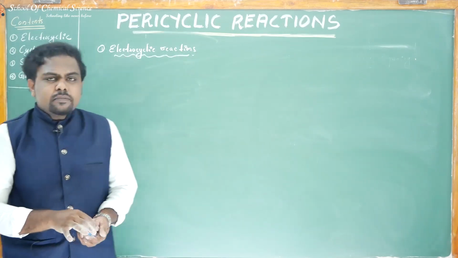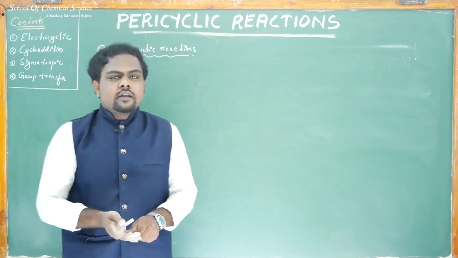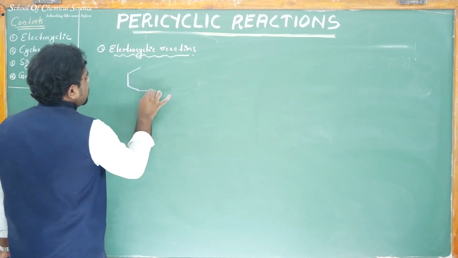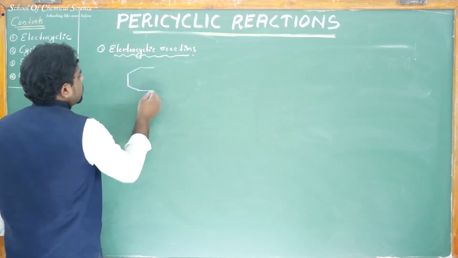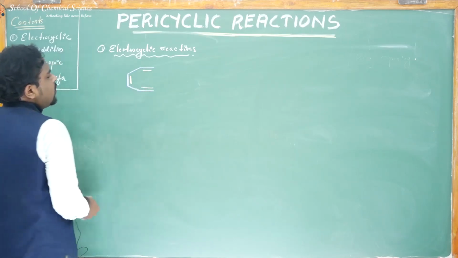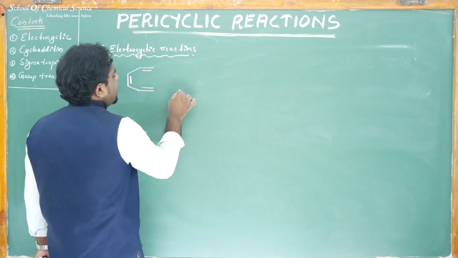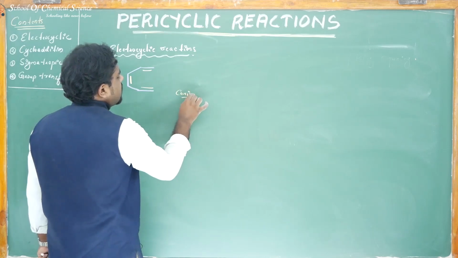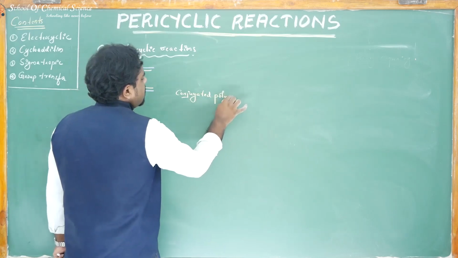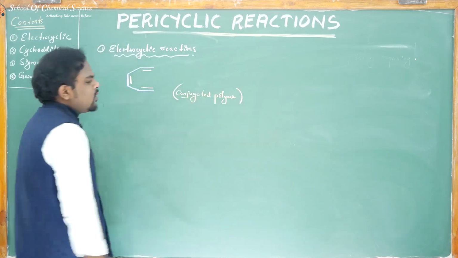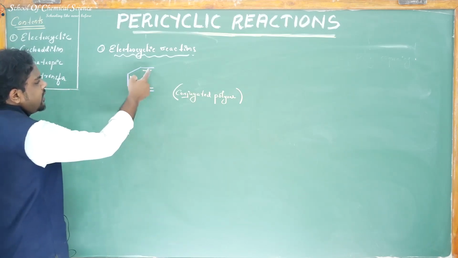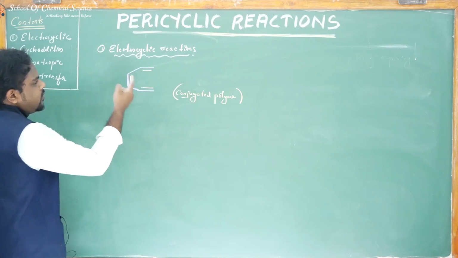Electrocyclic reaction is basically shown by a conjugated polyene, which means a molecule containing more than one double bond: double bond, single bond, double bond, single bond, double bond.